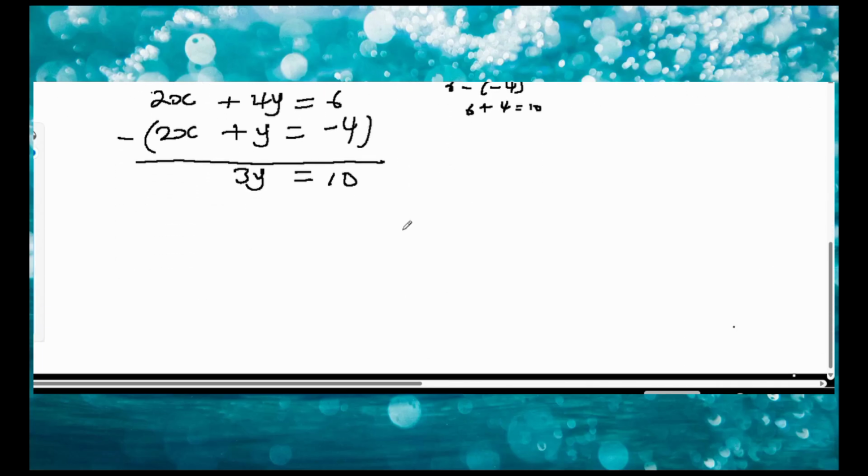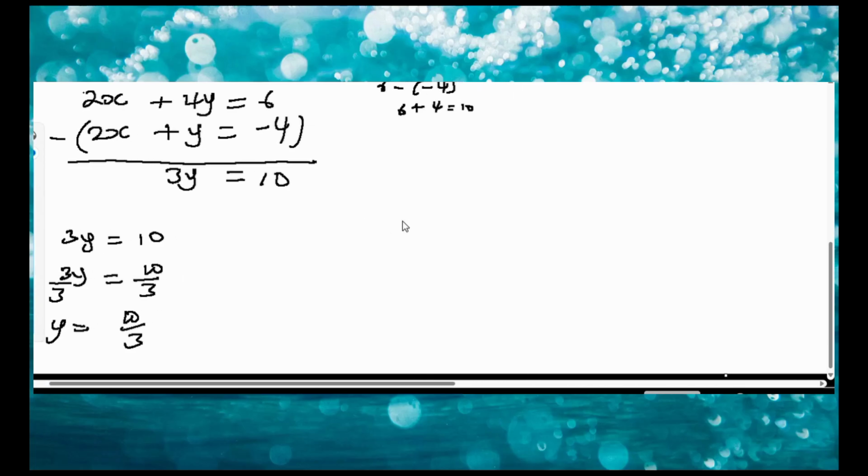Looking for y, we have 3y is equal to 10. So we're going to divide both sides by the coefficient of y, and then our y will be equal to 10 all over 3.